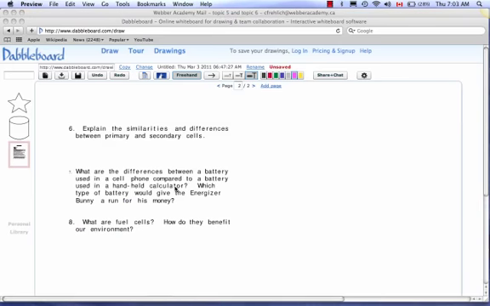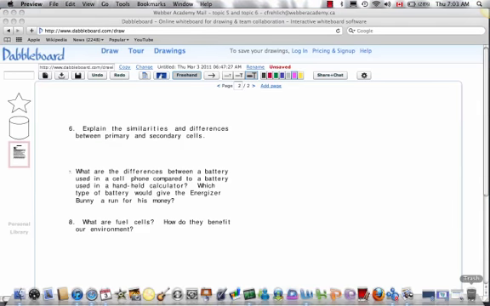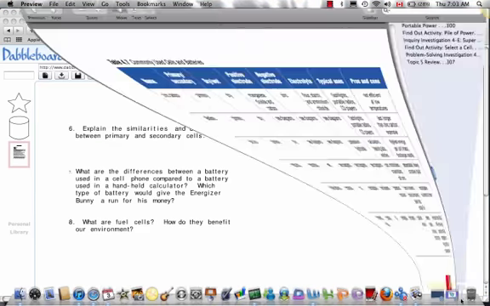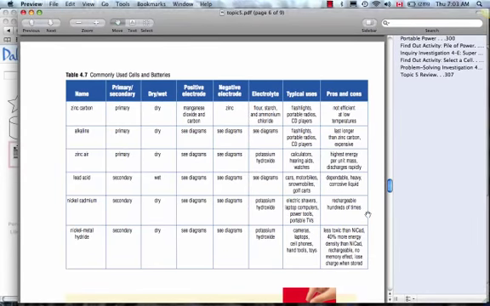What are the differences between a battery used in a cell phone compared to a battery used in a handheld calculator? And which type would the Energizer Bunny run? So let's go back again. This diagram really helps you in your textbook.